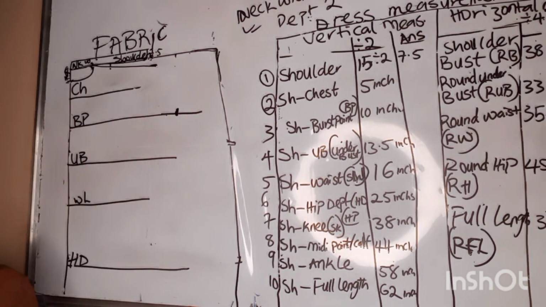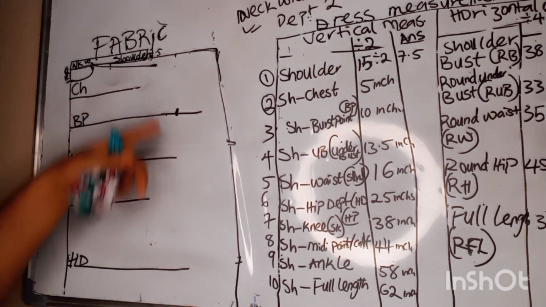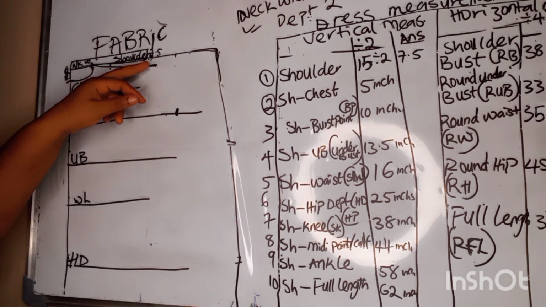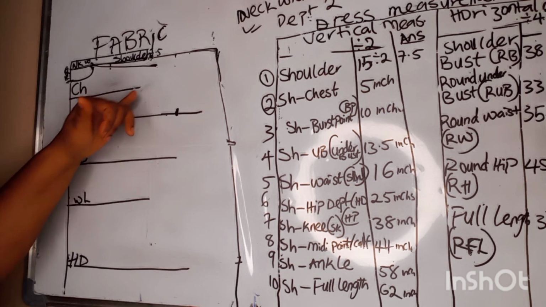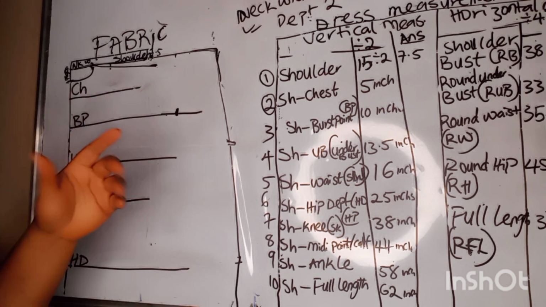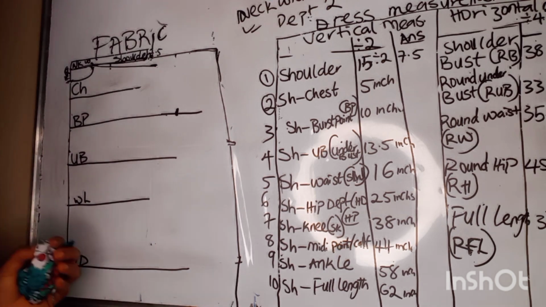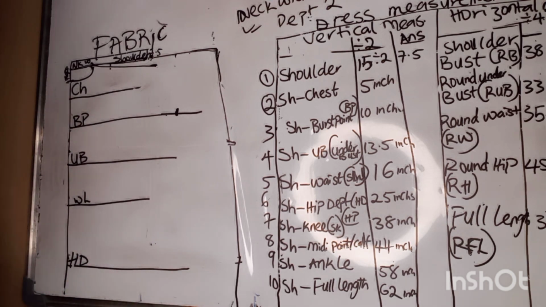And then before you do that, there is what we call a perfect square when you are marking your body's measurement, meaning your shoulder point and your chest line should align together for you to be able to get a perfect armhole. Whether your cloth is going to have a sleeve or not, you must consider what we call armhole measurement.